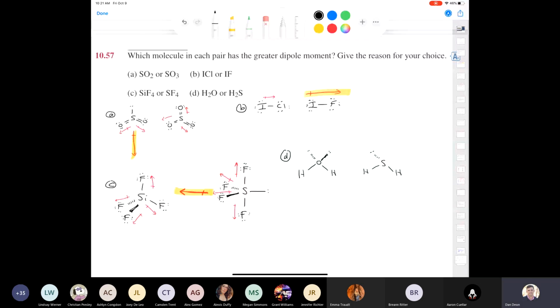And you can try to put the lone pairs on dashes and wedges. Are there polar bonds in here? Yes, but the polarity difference between oxygen and hydrogen is much greater than that between hydrogen and sulfur. And so the resultant dipole for H2O is going to be much bigger than the resultant dipole from H2S. So this is going to be the more polar molecule.